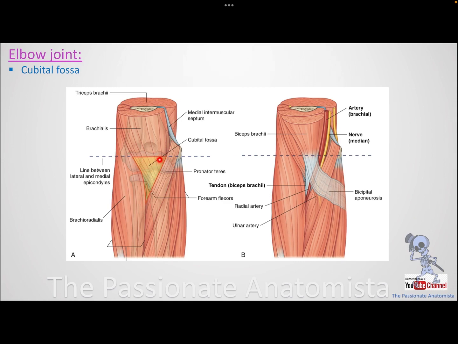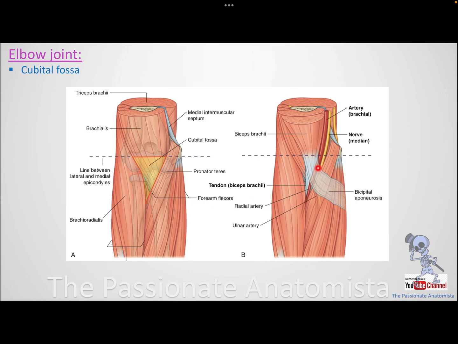This triangular space has a roof, which has the skin, superficial structures, and the bicipital aponeurosis. Remember that I told you the biceps has two tendons, one that goes to the subcutaneous tissue and makes the roof of the cubital fossa, and one that goes deep down in the cubital fossa itself and attaches to the radial tuberosity. So that is making the roof with the skin. The floor would be your supinator muscle and brachialis down there.